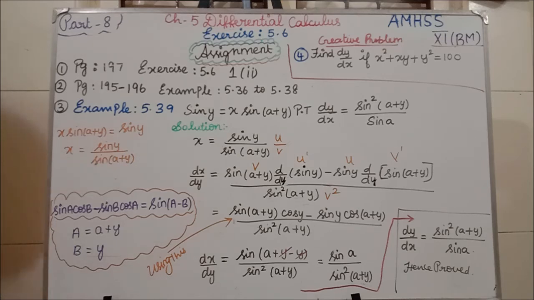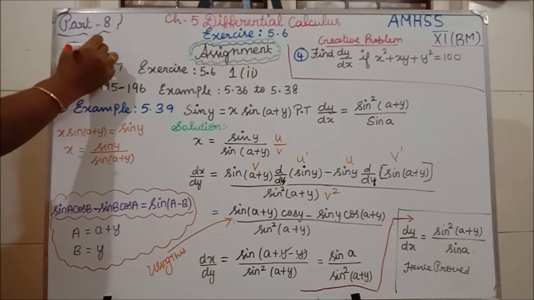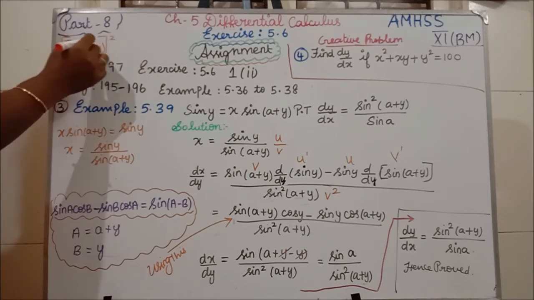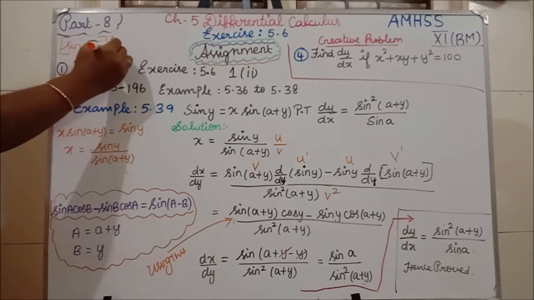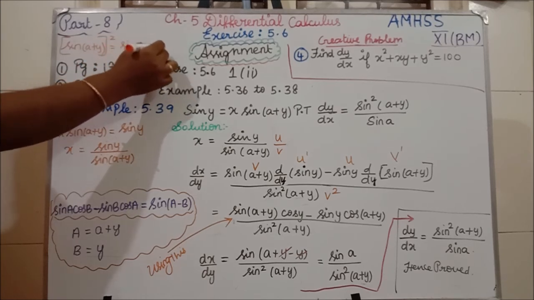Here, according to v square, we are writing this. Next step, students, v square means what in the denominator we are having? Sine a plus y. For v square, you should not write the whole thing squared, like sine a plus y, the whole square.